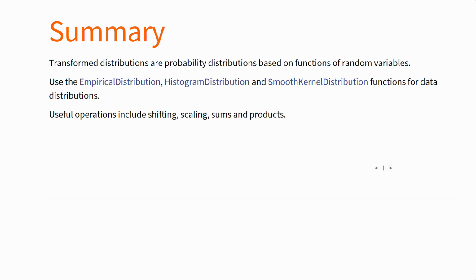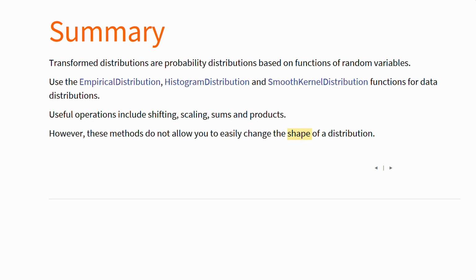But as you've noticed, there's a major limitation here. These methods don't allow you to change easily the shape of a distribution. To be able to draw probability distributions more closely, you need our next tool, mixture distributions.